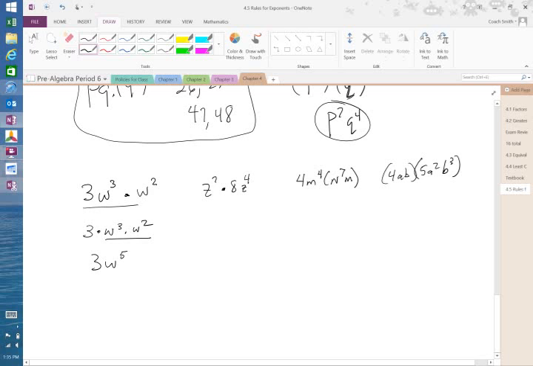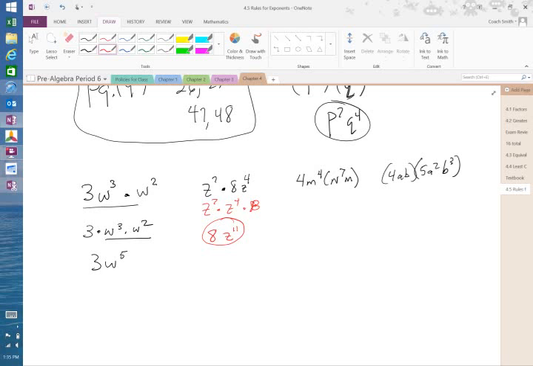Next one, we can rearrange this one where it's z to the 7th times z to the 4th times 8, and then put the z to the 7th, z to the 4th together, and that gives me 8z to the 11th. Remember that the constant or the number must go in front of the variable, not after the variable. It's not mathematically wrong, it's just not accepted practice.